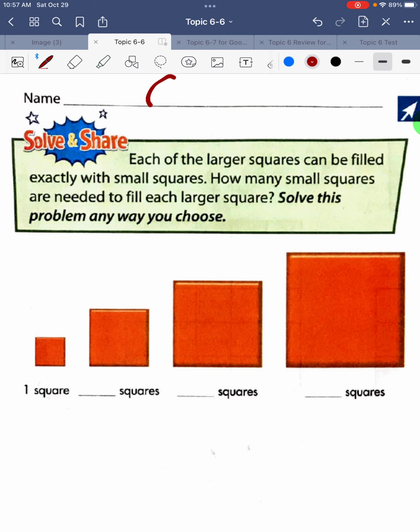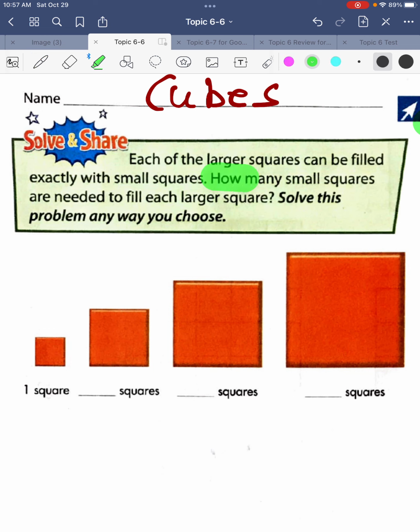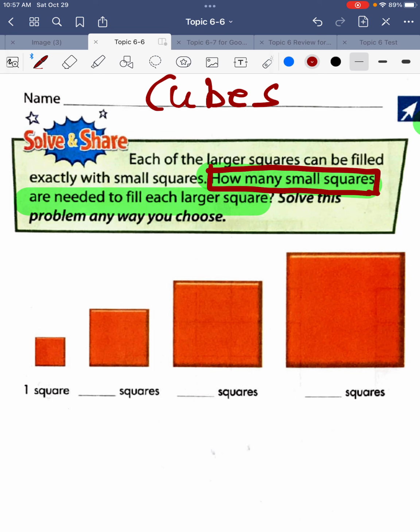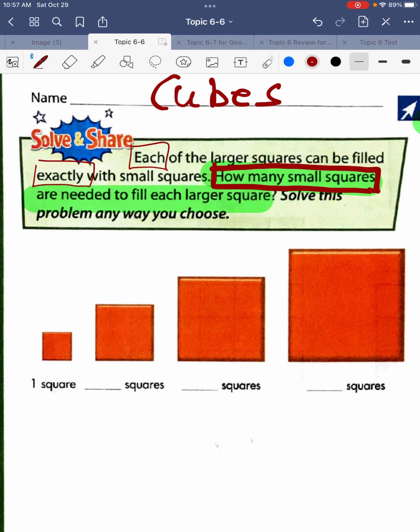I'm going to box in how many small squares, the word each, and the word exactly. I know each can tell me that I'm going to multiply.